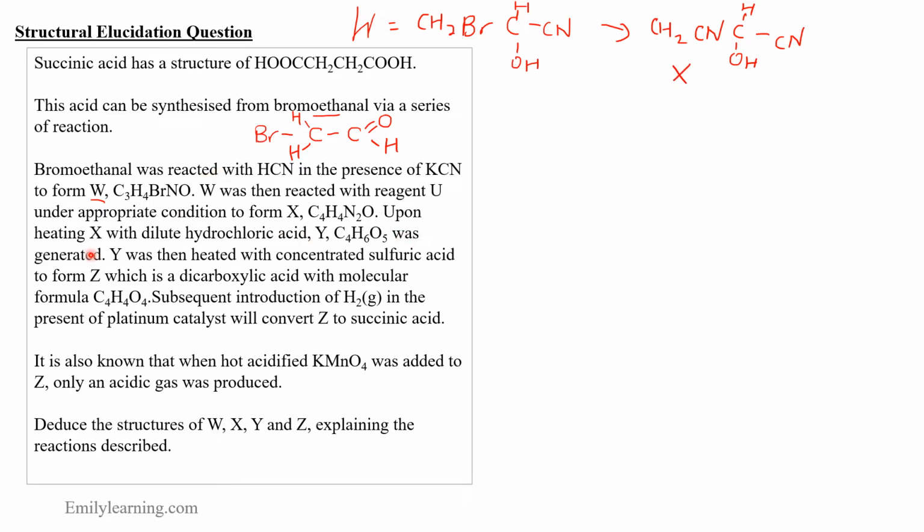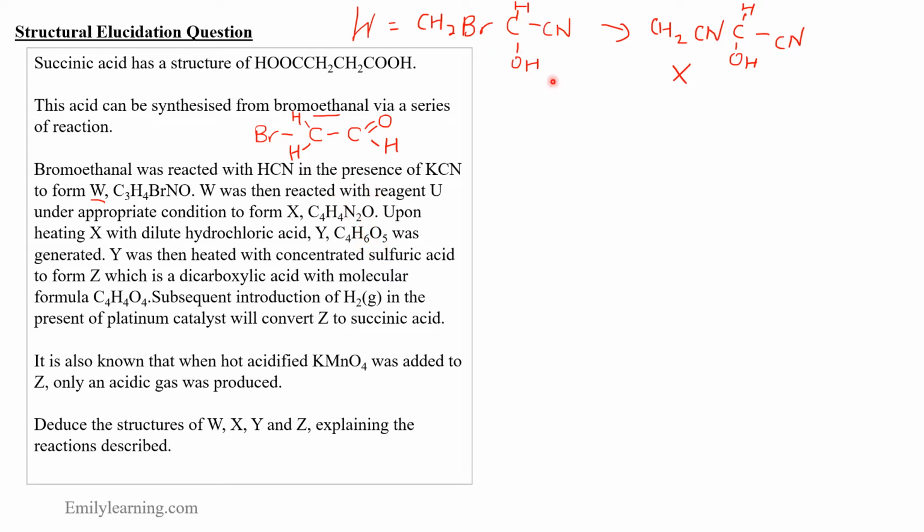Let's go on. Upon heating X with dilute hydrochloric acid, I get Y, which is C4H6O5. If I look at X, the two functional groups present would be the CN group and the OH group. Heating with dilute acid is an acid hydrolysis reaction. We know that a CN group undergoes acid hydrolysis to form COOH. The number of oxygens has increased by 4 and there's no more nitrogen.